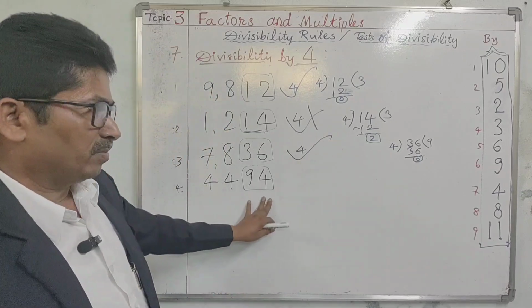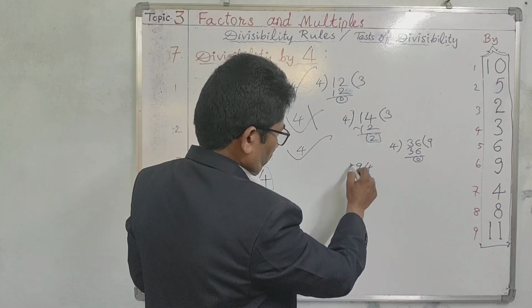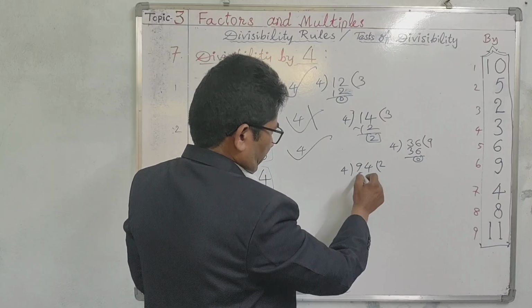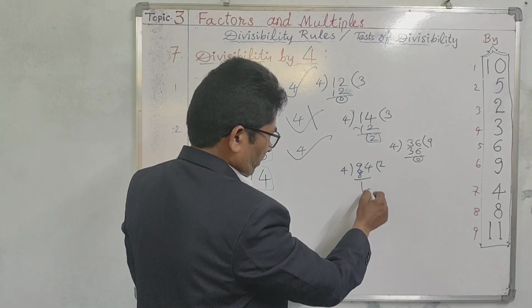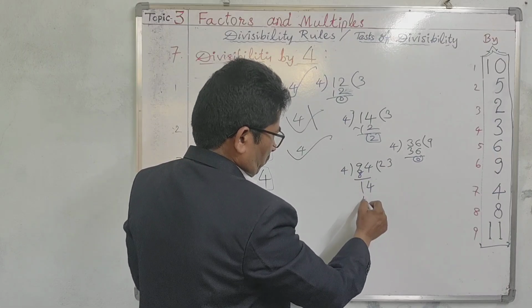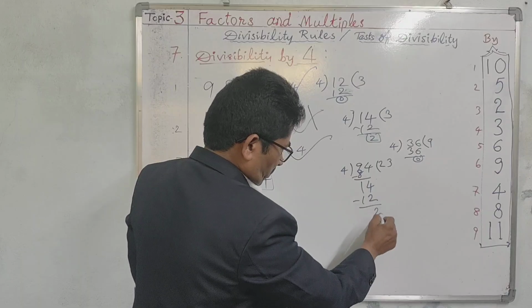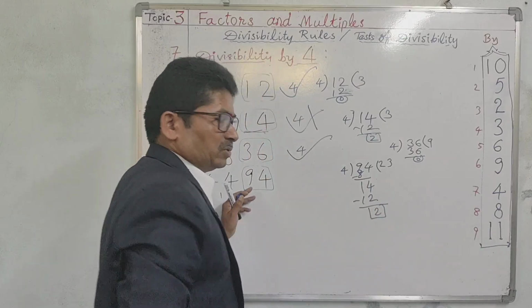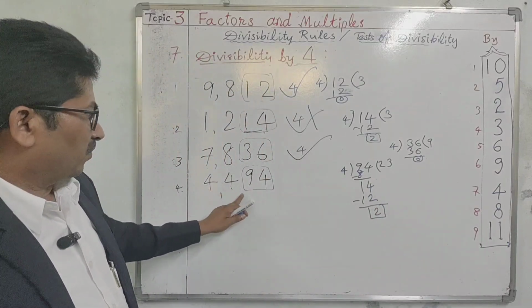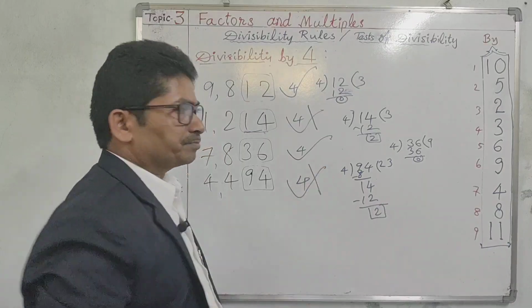Next, is this divisible by 4? We can check 94. 4 twos are 8, 14. 4 threes are 12. So what is the remainder? 2 is the remainder. So that's why this 4494 is not exactly divisible by 4.